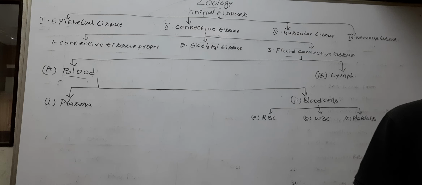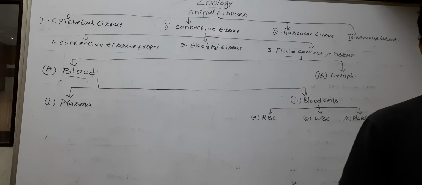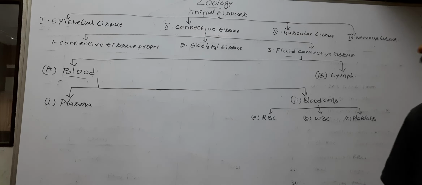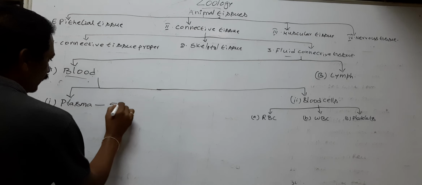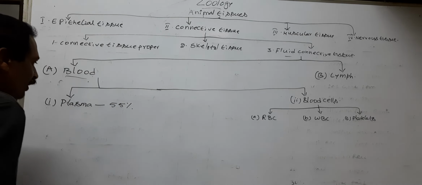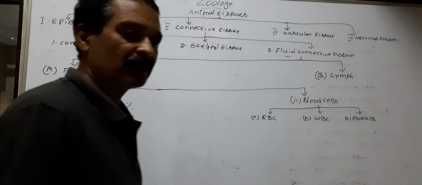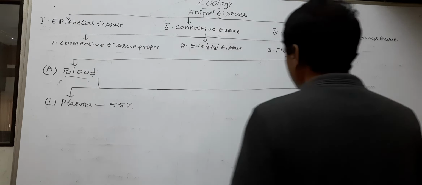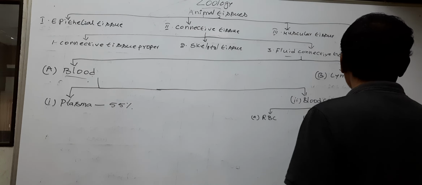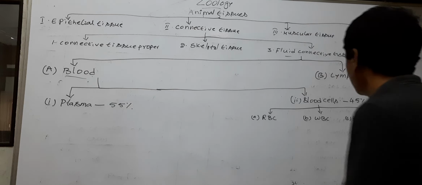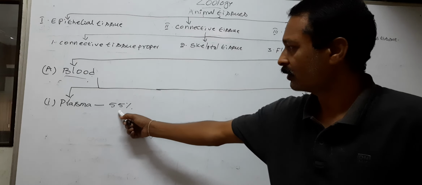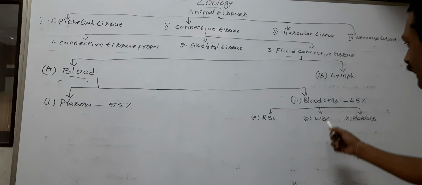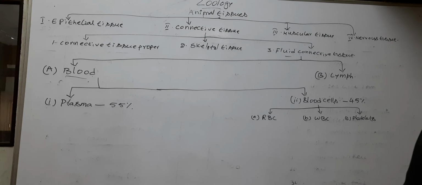The total blood contains 55% of plasma and 45% of blood cells. So blood contains more plasma than blood cells.